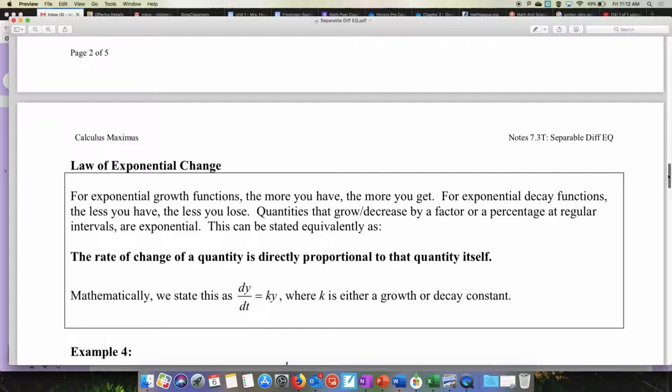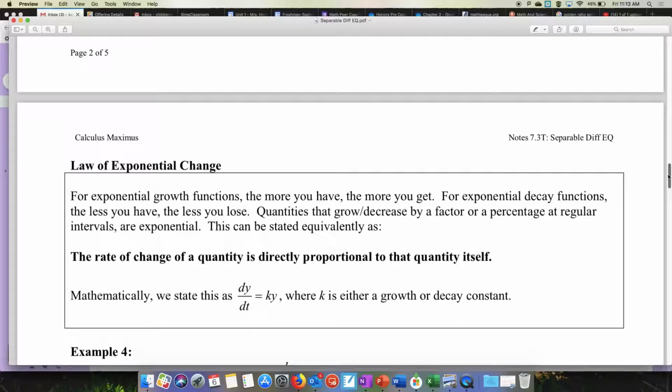Here's what you guys are talking about. So, for exponential growth functions and exponential decay, quantities will grow and decrease by a factor or a percentage that are exponential.